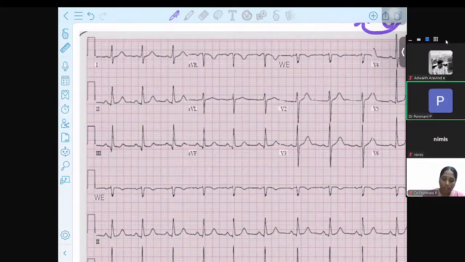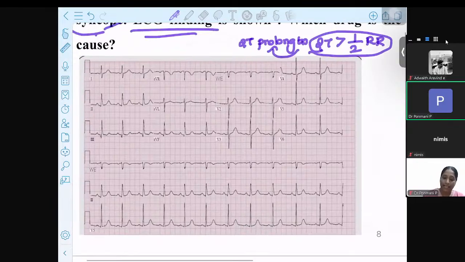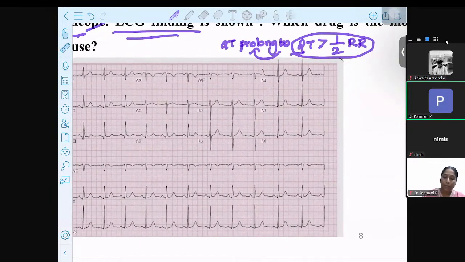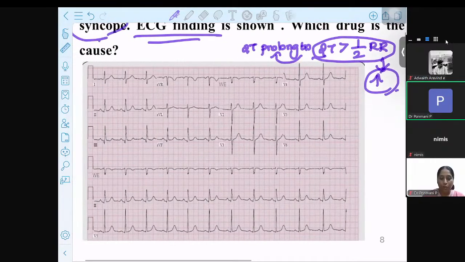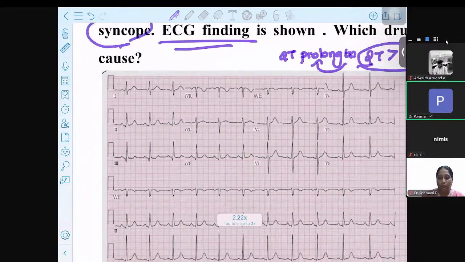When I was seeing this ECG, the QT interval was seen to be higher than half of the RR interval. This means that some QT prolongation has happened. You can check and see how many boxes are coming, see the QT and RR and calculate accordingly, and you will definitely see a QT prolongation in this ECG.